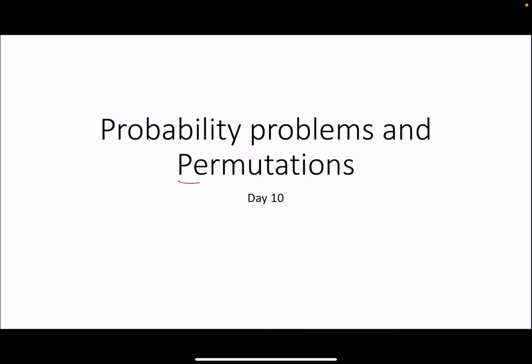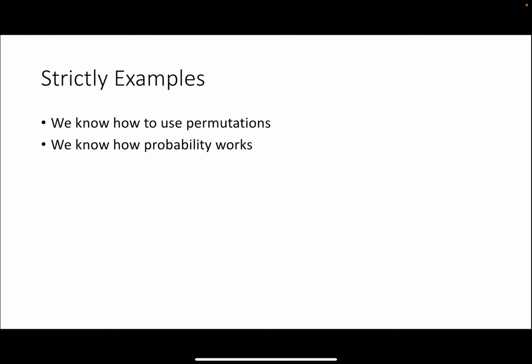Okay, we've been talking about permutations and counting and organized counting, and that involved n of A, it involved n of S, but of course we're working towards n of A over n of S, which is P of A. So we've been doing all kinds of different counting to get to the point where we want to find the probability of events happening.